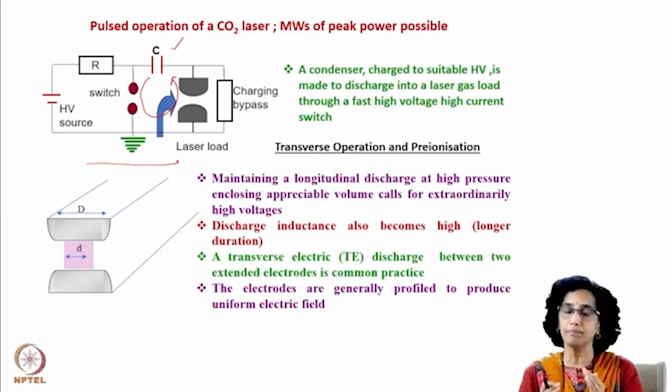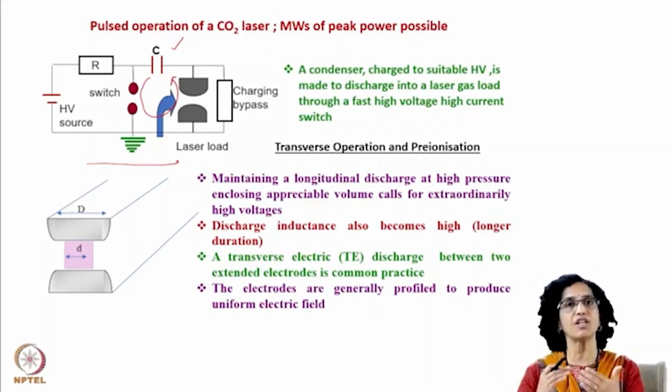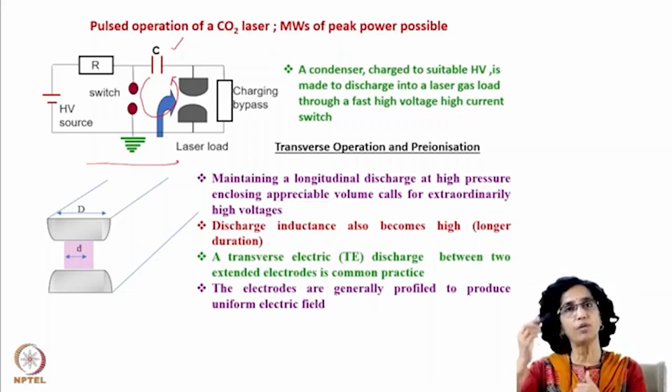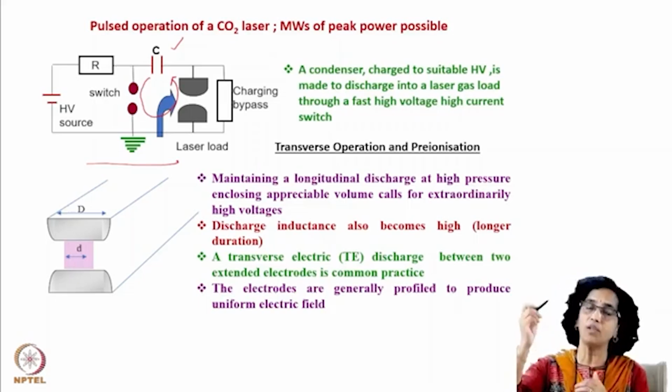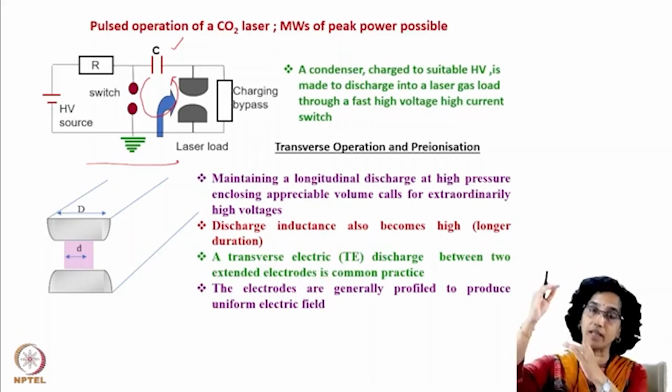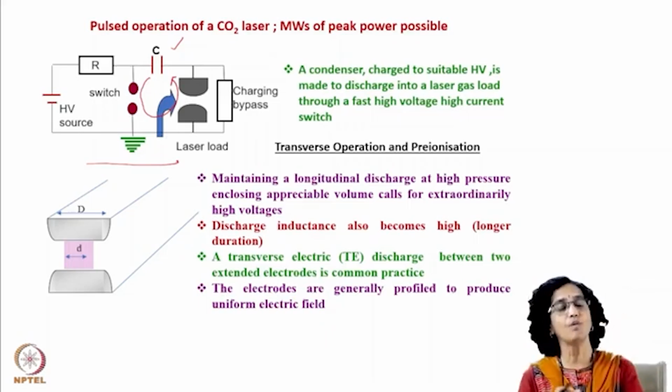Because the peak currents can be very large, the excitation is also very high, and therefore the gain, the population inversion that is created, is also very large. And when stimulated emission brings that entire population down, your peak powers can go into megawatts.